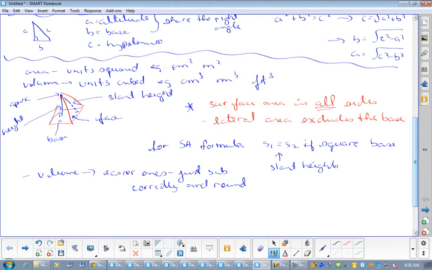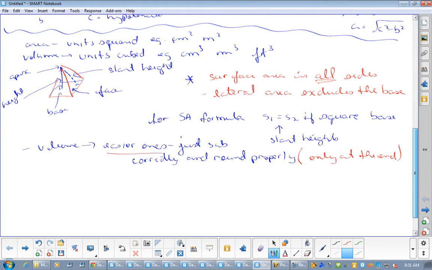And when do we round? Do we round every step? Only at the end, right? And if there's a number with many digits, we just take the first three. I would take the first five if I want to be paranoid, right? But we definitely like the volume ones better, right? They were nicer.